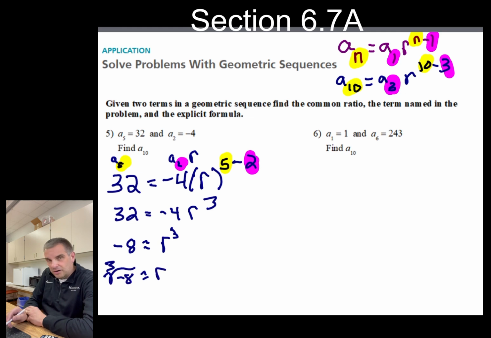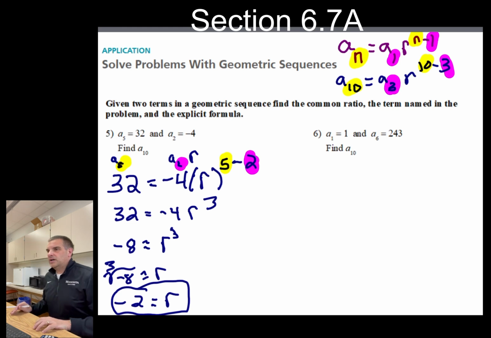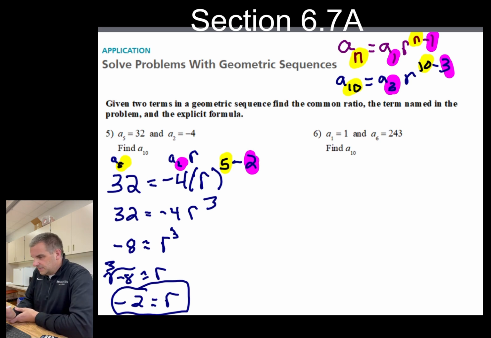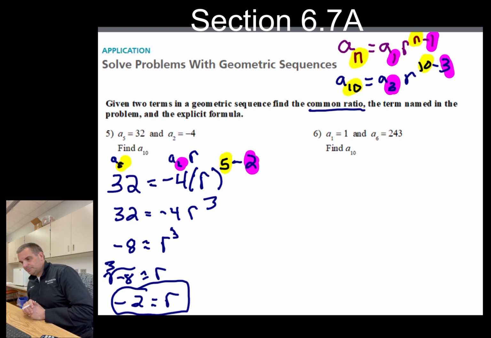That's going to be my r value. Well, the cube root of -8 is -2. So now I have my r value. Okay, so my r value in this case is -2. So that's the first thing they asked us to find. They asked us to find the common ratio.